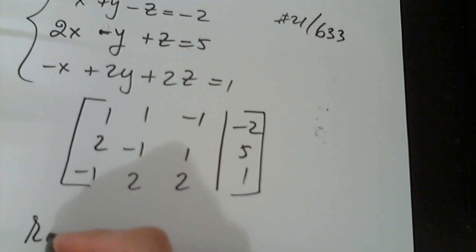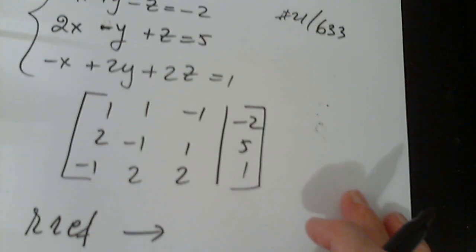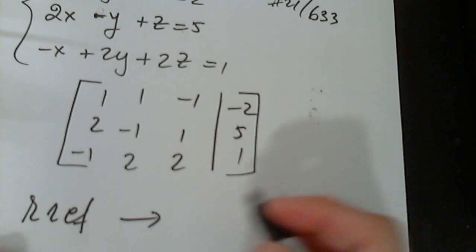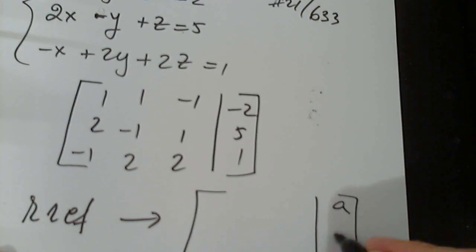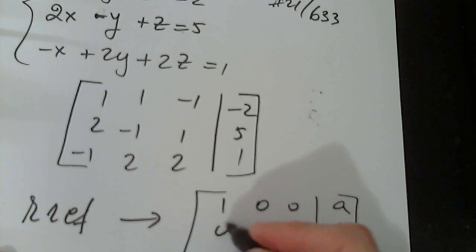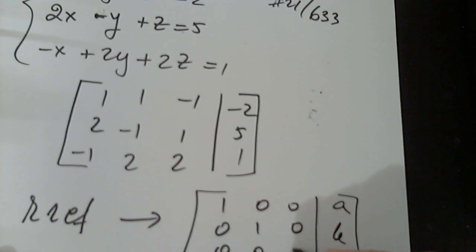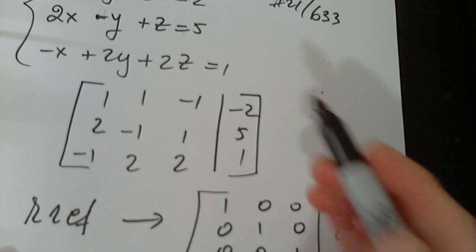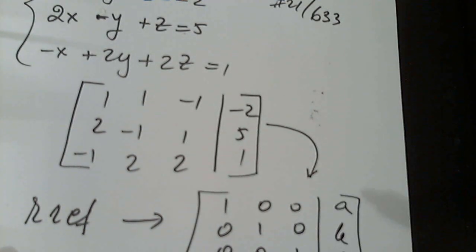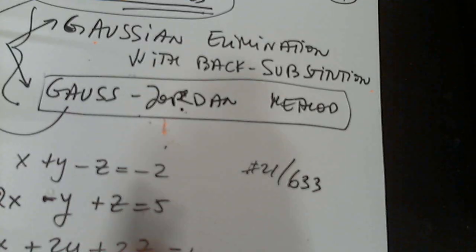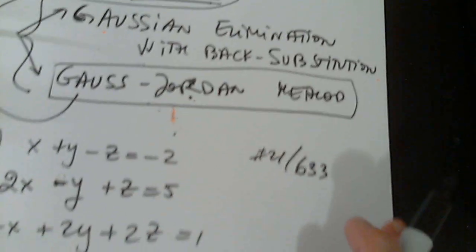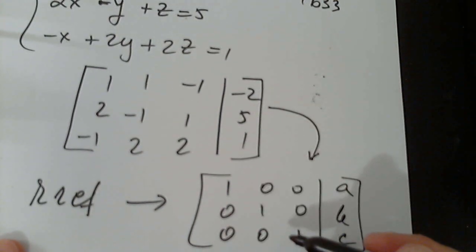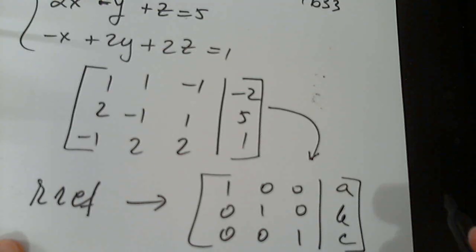And remember, the RREF brought the augmented matrix to this presentation: A, B, C, whatever numbers, with 1, 0, 0, 0, 1, 0, 0, 0, 1. And I want to show you how we get there by hand. And this is the method called the Gauss-Jordan method.